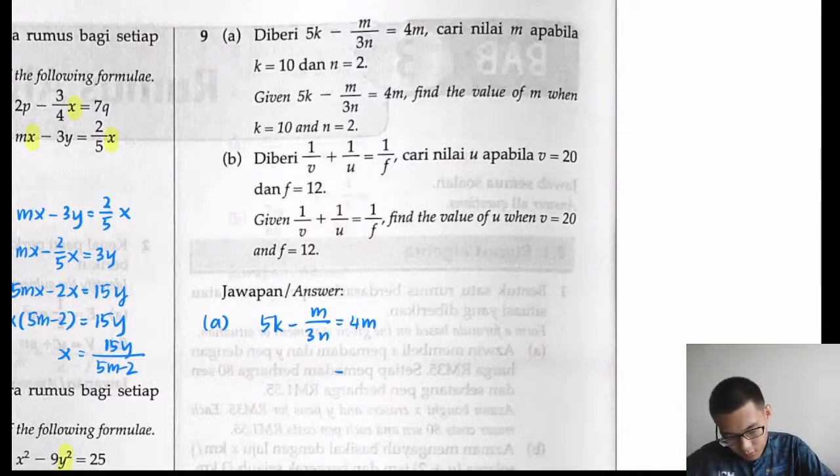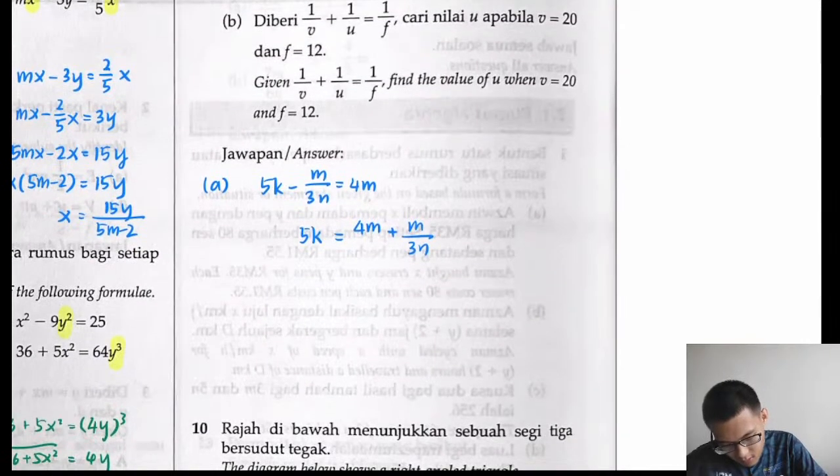Then we try to make 5k equal to, now we have 4m plus m over 3n. So we try to make the denominators same. 12mn plus m, over 3n, equals 5k.